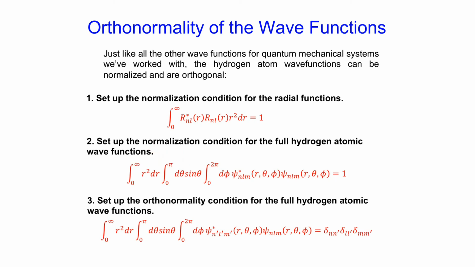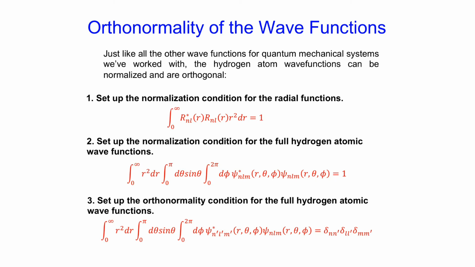Well, remember orthonormality, you're concerned with, are these two functions that you're multiplying together the same, or are they different in some way? Normally we just have one index that we're worried about, so psi n versus psi m, for a one-dimensional kind of wave function. It's nice and easy.